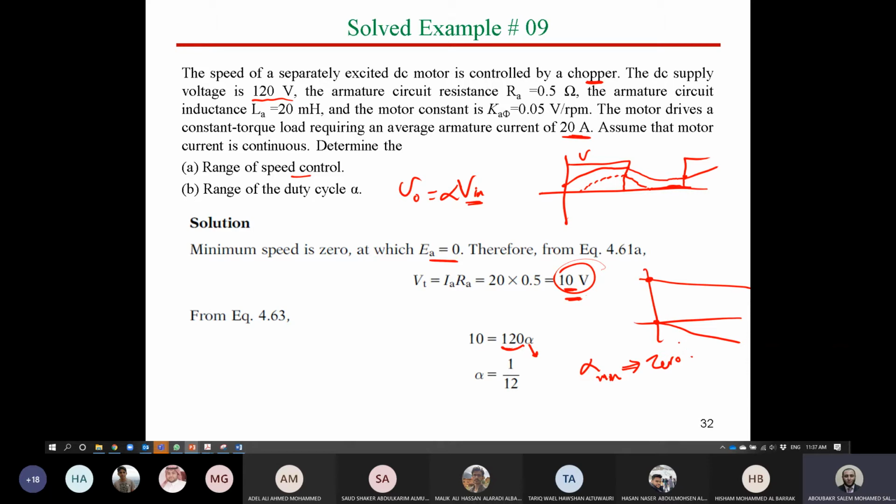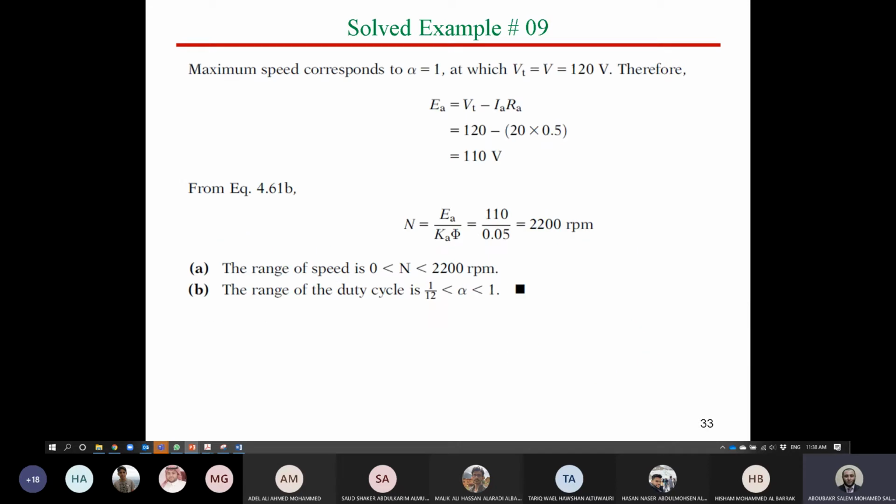So what is the maximum speed and maximum alpha? We said that maximum speed can be obtained at maximum possible firing, maximum duty cycle, which is unity. So at maximum duty cycle, which is 1, EA equals VT minus IARA, and you know that VT is the same as the input voltage, which is 120.